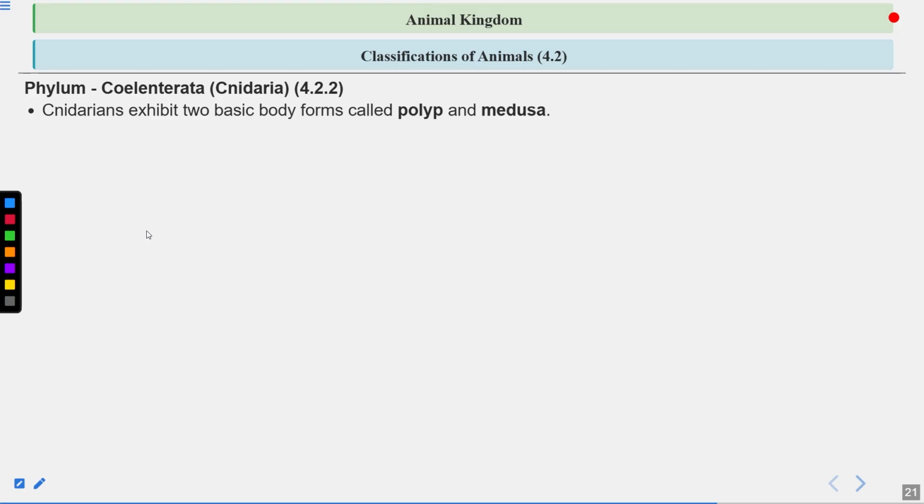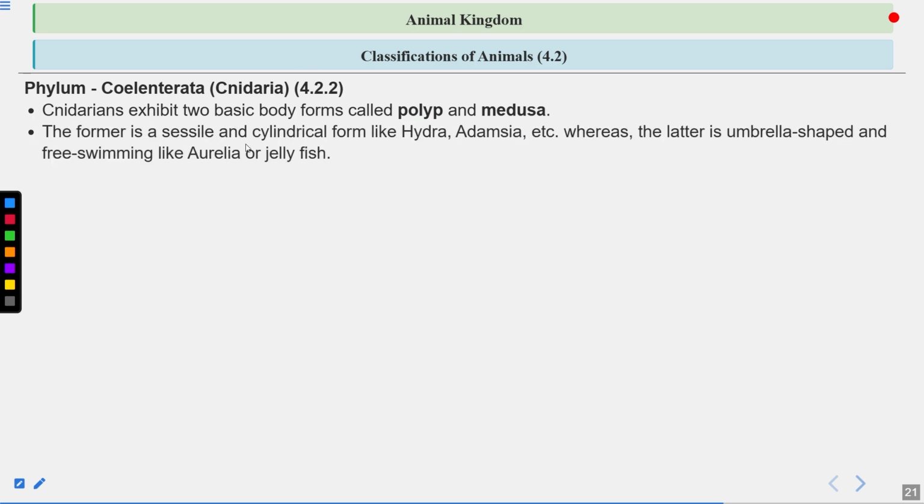Cnidarians exhibit two basic body forms that are called polyp and medusa. Very, very important point. The former is sessile, meaning the polyp is sessile. It is cylindrical in shape and attached to the substratum.